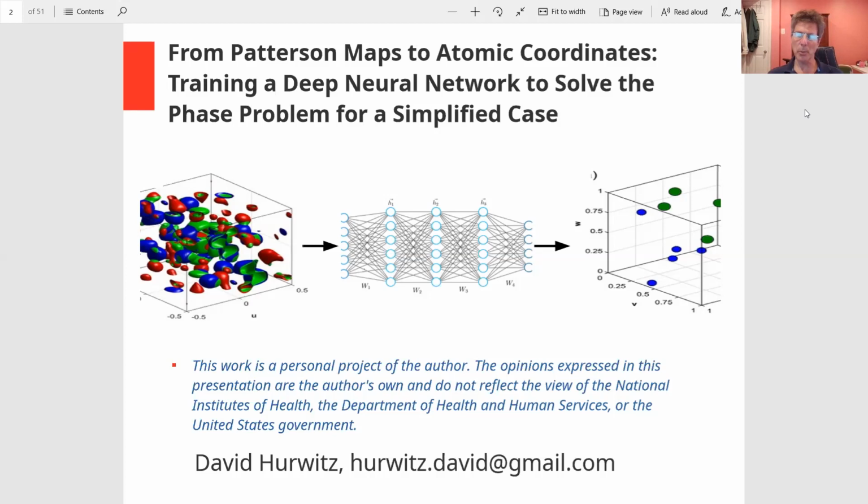And on the outputs, I'm training on atomic coordinates, or really simplified electron density maps. So the idea is to go from the data collected during an X-ray diffraction experiment and see if the network can learn to determine what the electron density map looks like directly from the X-ray diffraction data.